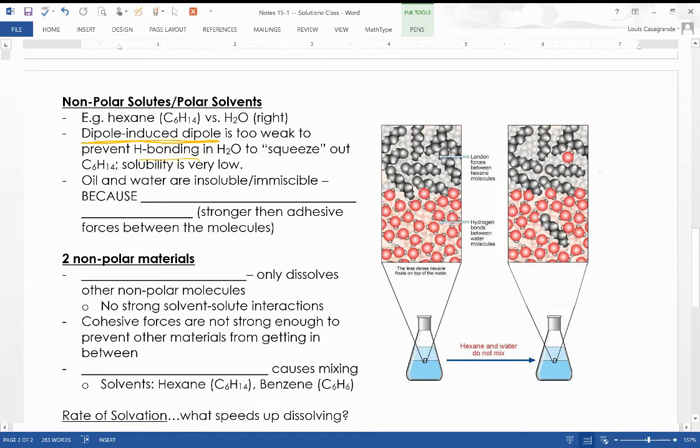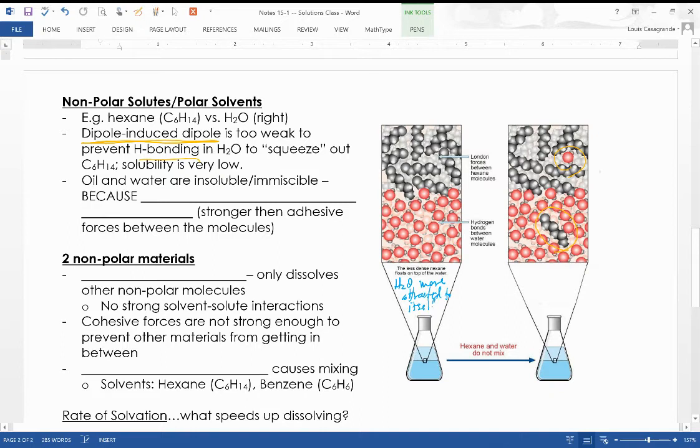So we try to mix, and as we try to mix, we get the hexane mixed in with the water and the water mixed in with the hexane. But what eventually happens is the water is more attracted to itself.